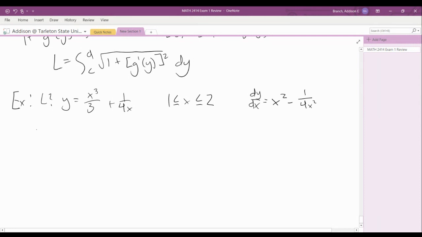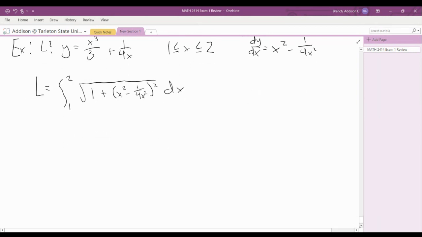Now we can plug this into our formula. We're going from 1 to 2, with the square root of 1 plus dy dx squared, so x squared minus 1 over 4x squared, all squared. Let's FOIL out that squared portion.